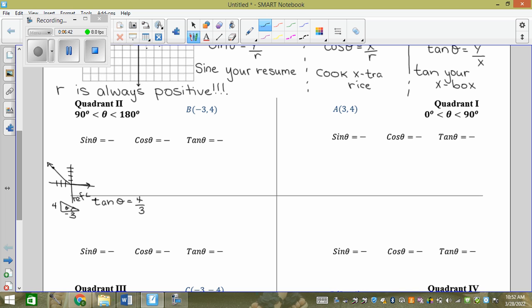Every single time. So then reference angle equals tan -1 of 4/3. So I go second tan 4 divided by 3, and I get 53.1 whatever. So I'm going to say 53. So this angle in here is 53. We agree? So what's the standard position angle?